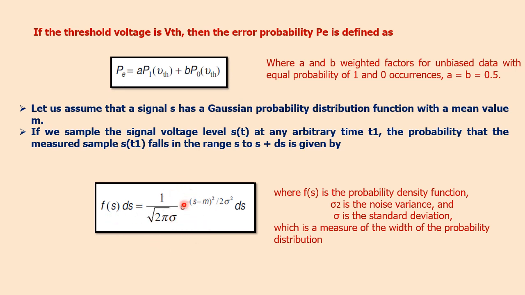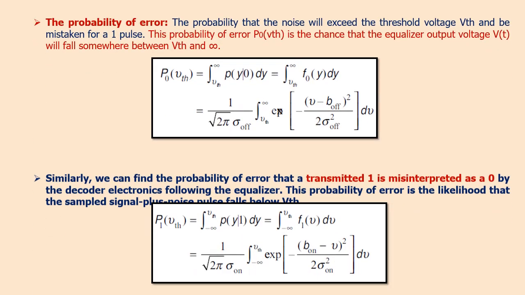By using this formula, we can find the sample signal voltage level. Here f of s is the probability density function, sigma square is the noise variance, and sigma is the standard deviation, which is the measure of the width of the probability distribution.